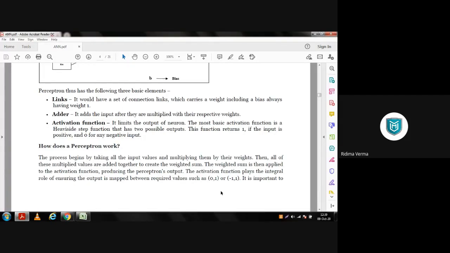The weighted sum is then applied to the activation function, producing the perceptron's output. The activation function plays the integral role of ensuring the output is mapped between required values such as 0, 1 or minus 1, 1.